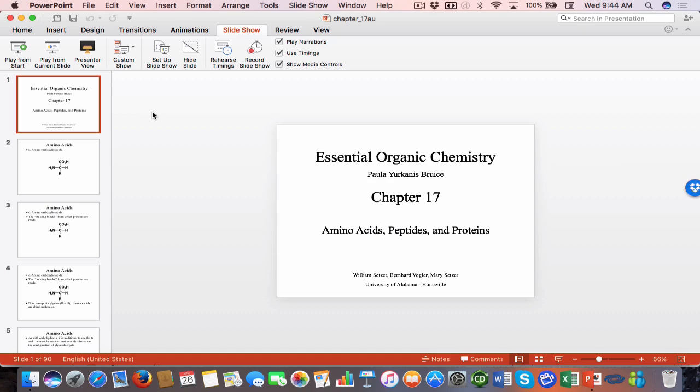You need to know the alpha amino acid structures. You need to know how to solve for pI given pKa values. Okay? You need to be able to determine the charge state on an amino acid depending on pH. That kind of stuff. Friday, we will talk a little bit about the synthesis of amino acids for about 20 minutes before we get into the review. Okay? We haven't talked about that yet, so read those sections in the textbook, and I'll see you on Friday.